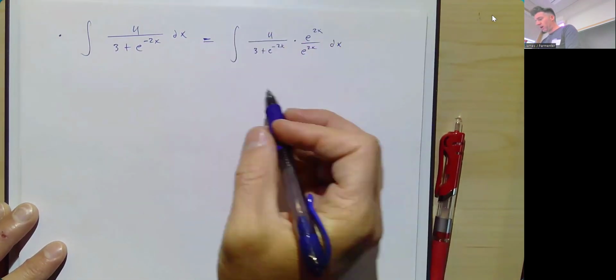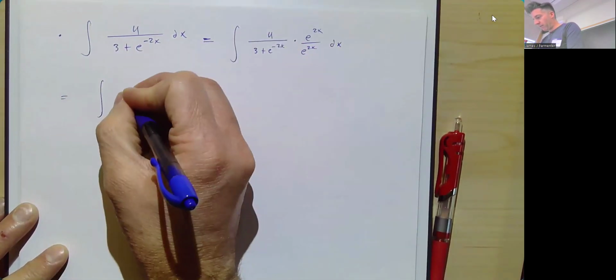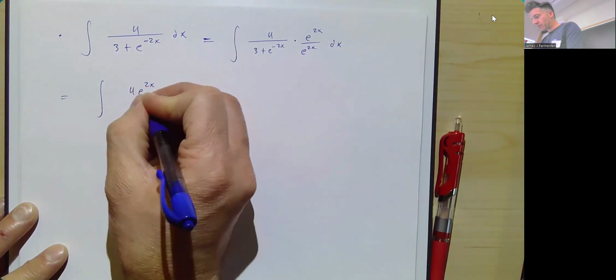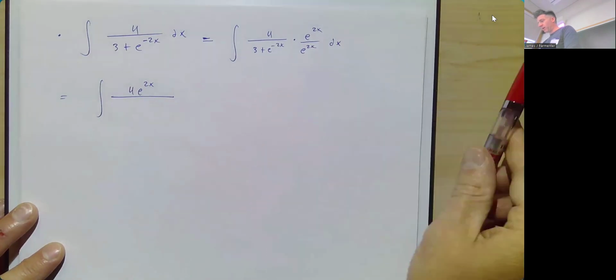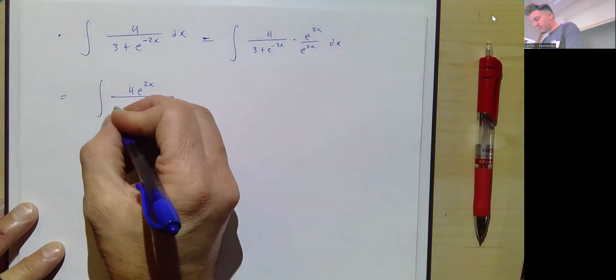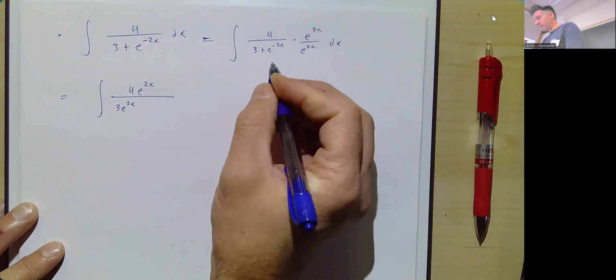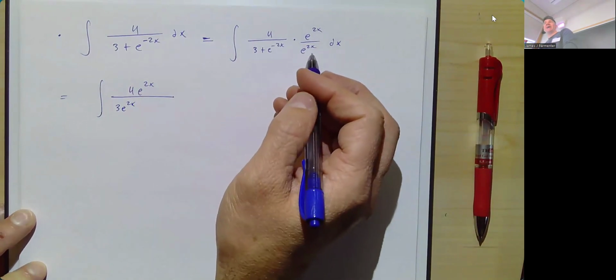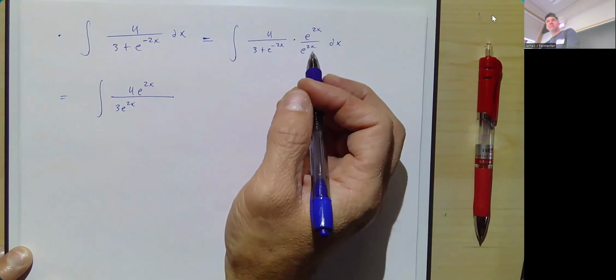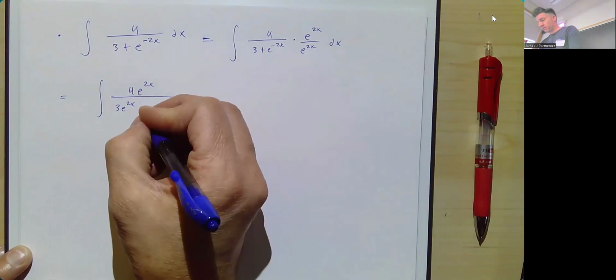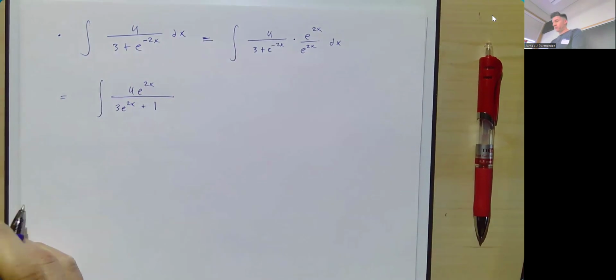So then on top, we have 4e to the 2x. And the denominator, 3 times e to the 2x is 3e to the 2x. And e to the negative 2x times e to the 2x, we add those powers. And those powers add to what? And e to the 0 is 1.